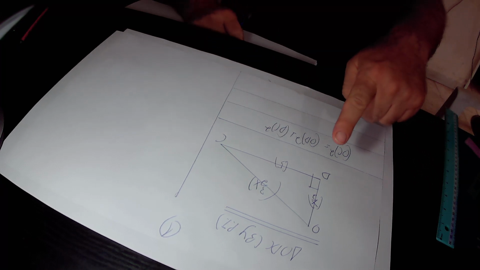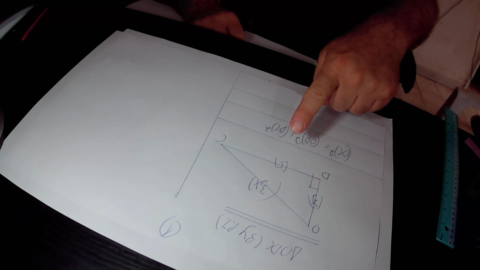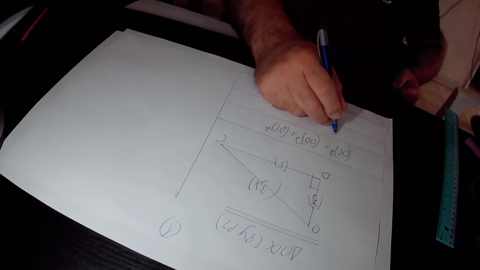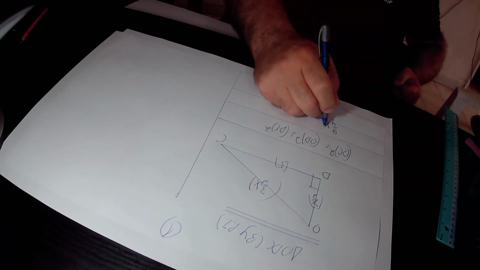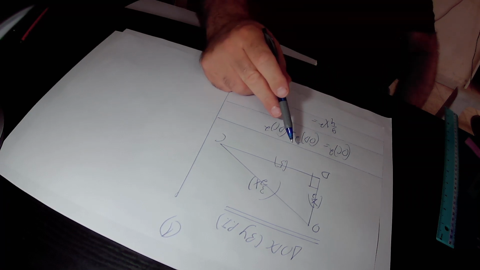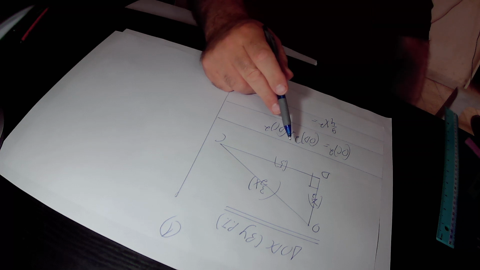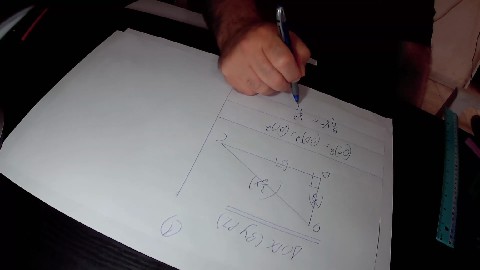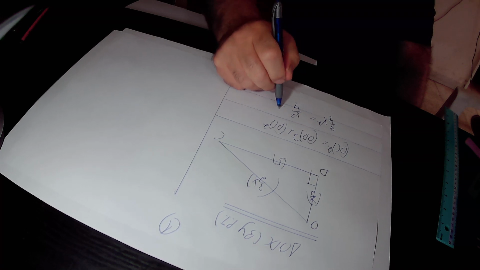The hypotenuse OC equals 3 over 2 times x units in its length, and therefore OC squared equals (3 over 2x) squared, which equals 9 over 4 x squared. It equals OD squared, and OD is x over 2, so OD squared is x squared over 4, plus DC squared.